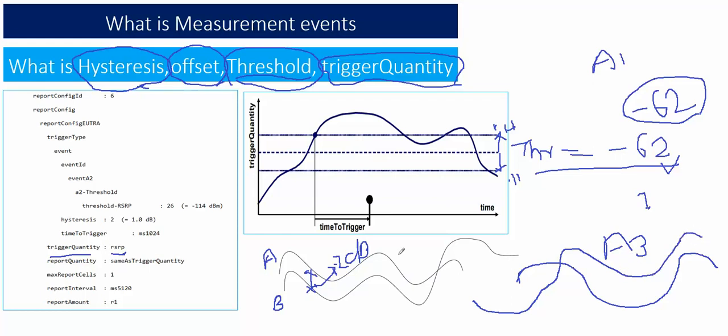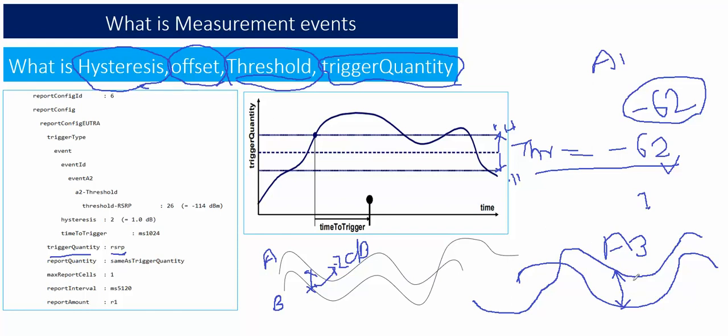A3 is triggered when the neighbor becomes offset better than the serving cell.